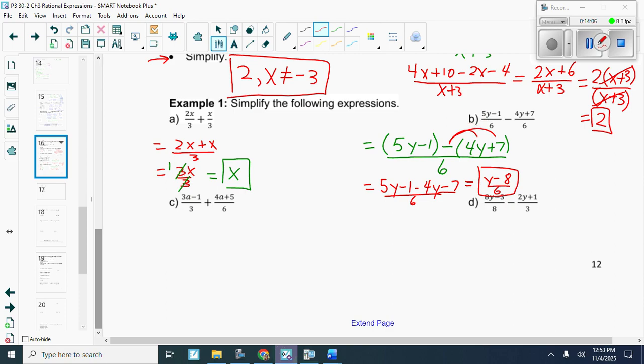Minus positive 7 becomes negative 7. Once I've done this, it becomes just a negative 7. Negative 1 minus 7. Negative 1 minus positive 7. Yeah.